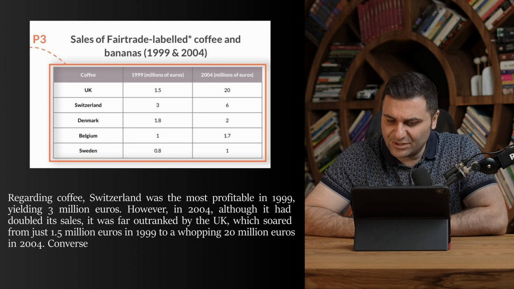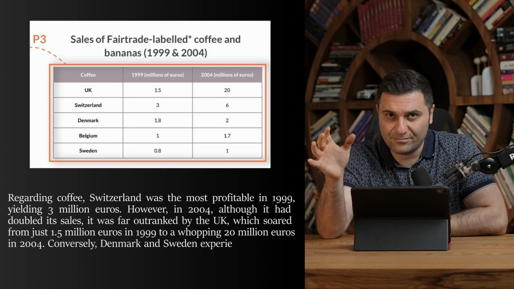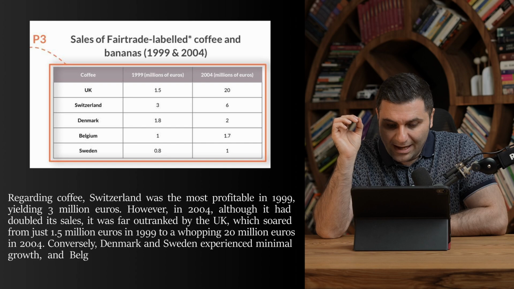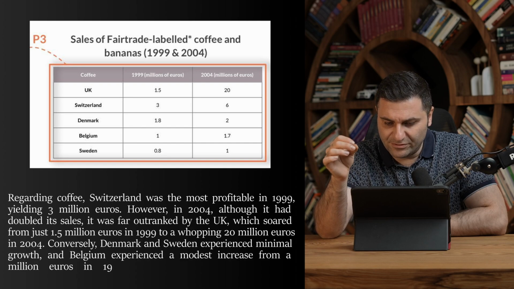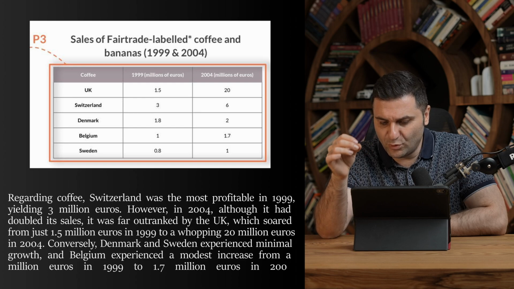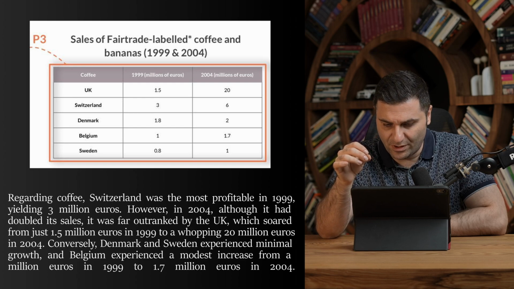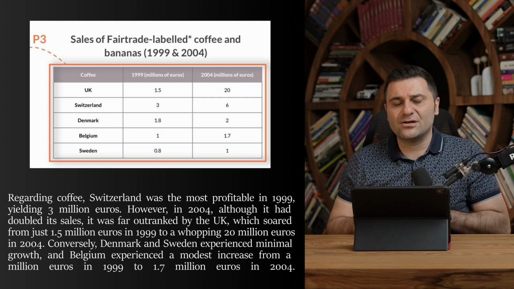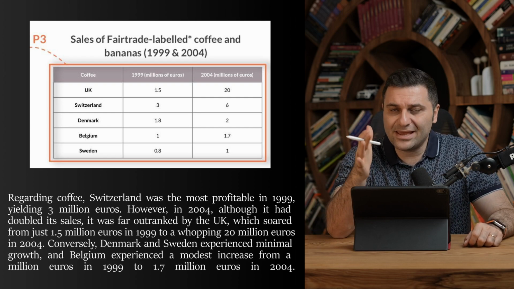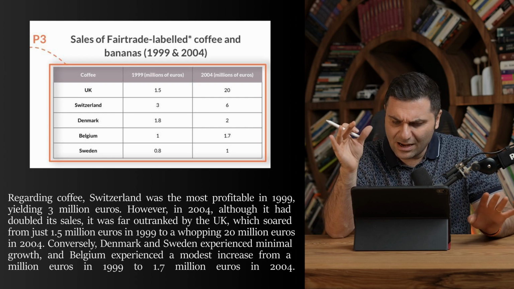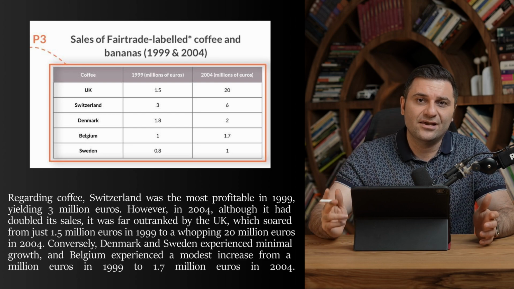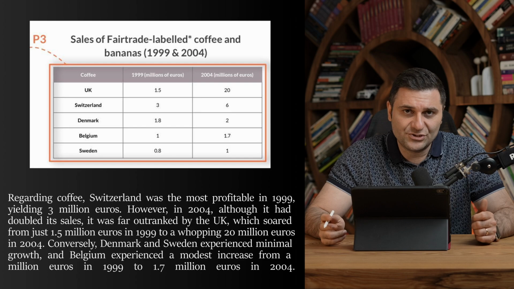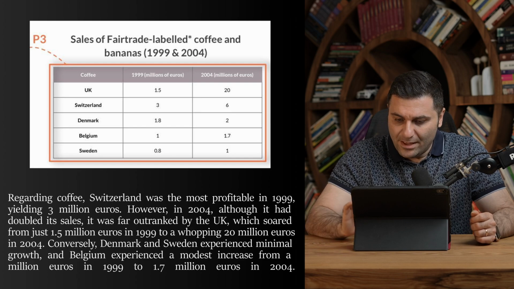Conversely, Denmark and Sweden experienced minimal growth, and Belgium experienced a modest increase from 1 million euros in 1999 to 1.5 million euros in 2004. About Denmark and Sweden, I can also write the beginning point and ending point too. However, when you say that the growth was minimal, there is no need actually to write exact data about these two countries, right?